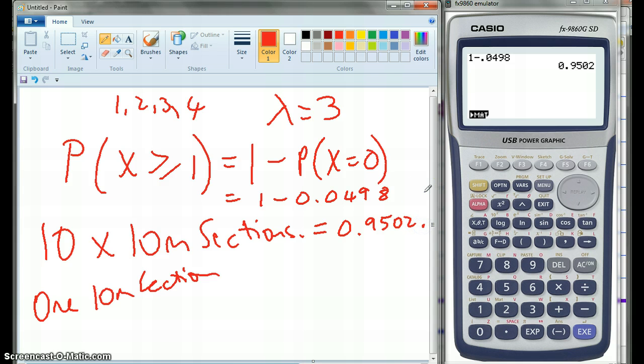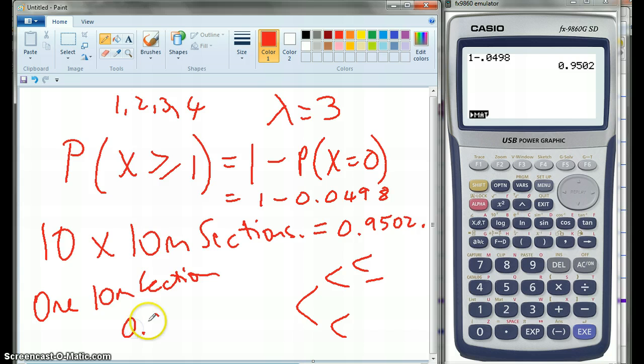So it's a bit of a trick because it said, what's the probability that at least one piece of litter can be found at the side of each of 10 separate sections? So if they're 10 separate, what are we going to do with them? Remember your probability trees? You multiply.